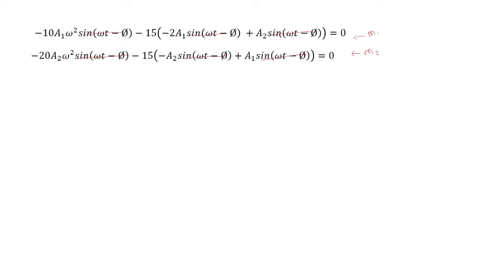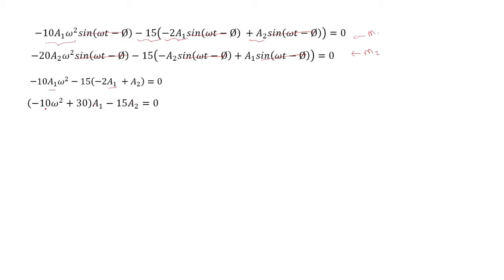So after cancelling out, you will be left with minus 10 a1 omega square, which is this term, minus 15 times, in bracket, minus 2a1 plus a2, which is equal to 0. Now we'll try to club a1 and a1 together. So you will have minus 10 omega square plus 30, into a1, minus 15 into a2 is equal to 0.